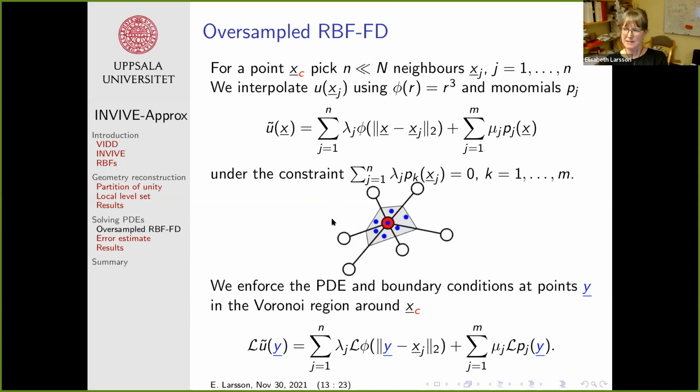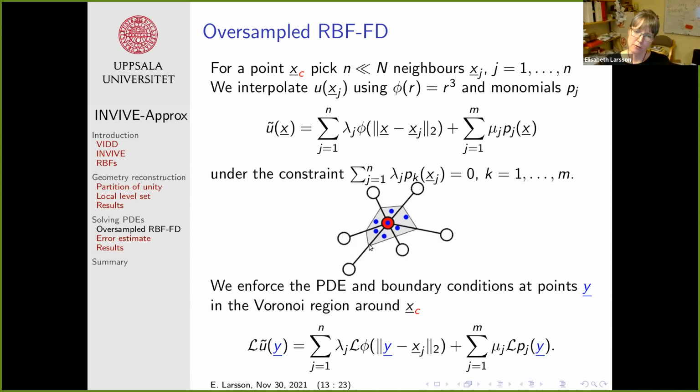So what is the oversampled thing? Normally when we use a stencil approximation, we only use the stencil in the center point. But if we use one stencil in more points, in our case, we use these blue points. And what is describing these blue points is that they are the points that are closest to the stencil center.